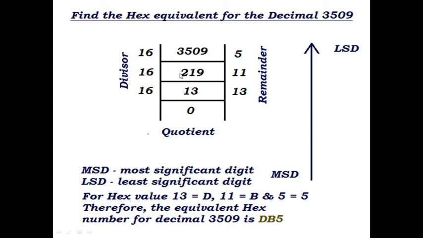You had done something similar for converting a decimal number into binary, but you had divided by 2. Now you have to divide it by 16 because you want this number to get converted into a hexadecimal number. So 3509 divided by 16. This is a quotient and you will get a remainder here. On the right hand side you have to keep on writing the remainder.